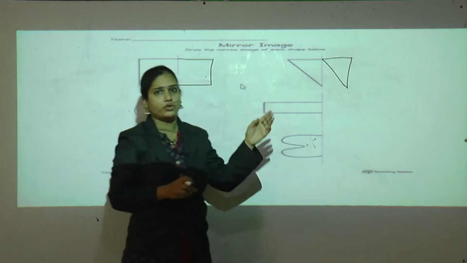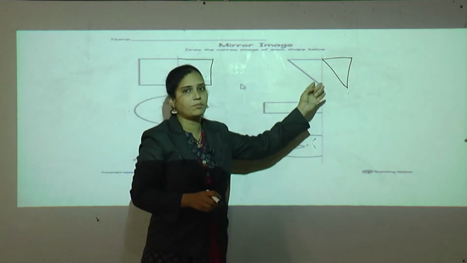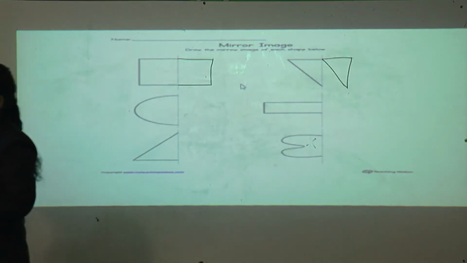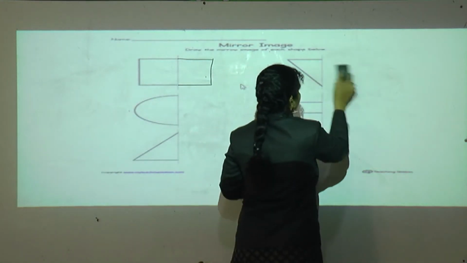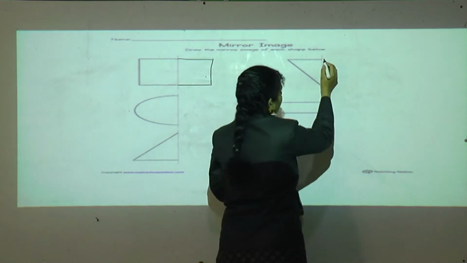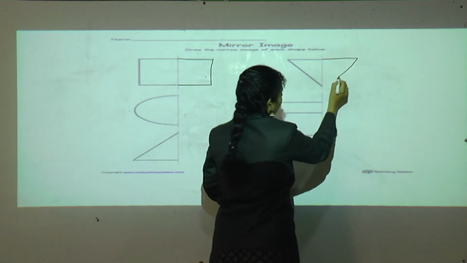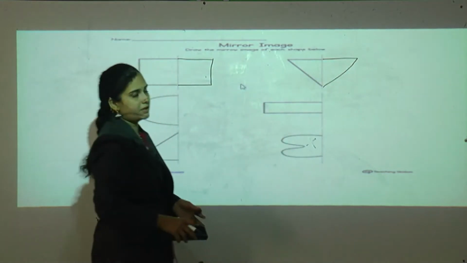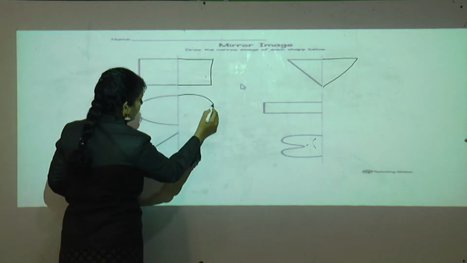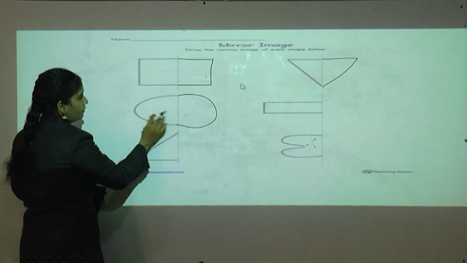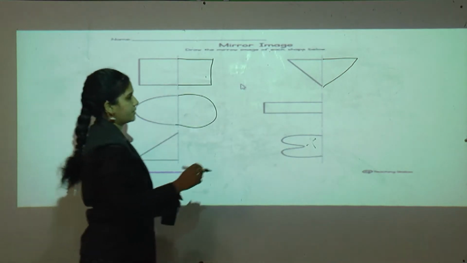No, because when we fold it, it will not match. So I can draw like here, isn't it? Now here also, we can complete it, and if we draw, we will get two equal parts.